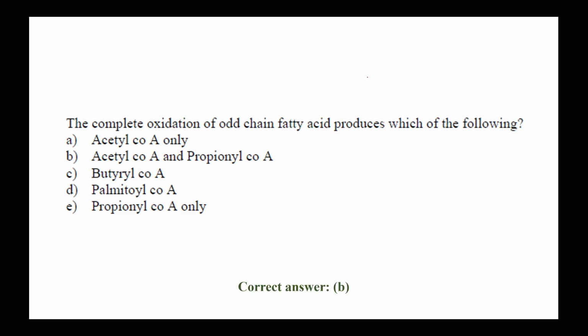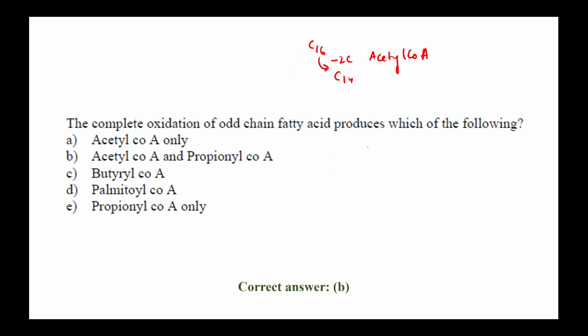So basically, in beta oxidation, whatever the carbon number is, let's say it is 16, after every cycle of beta oxidation, 2 carbons will be less because one acetyl coenzyme A is removed after every cycle. Acetyl coenzyme A is a two carbon compound.